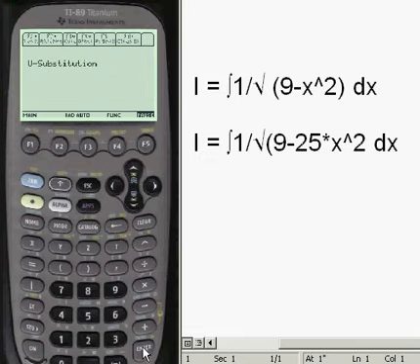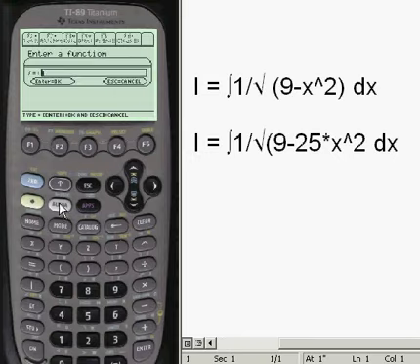Now we're going to go back and do another problem. I want to do this one here. And so we're going to press alpha 1 divided by, oh, yeah, we can put the left parentheses in there.